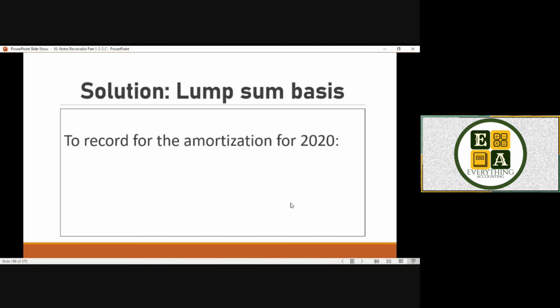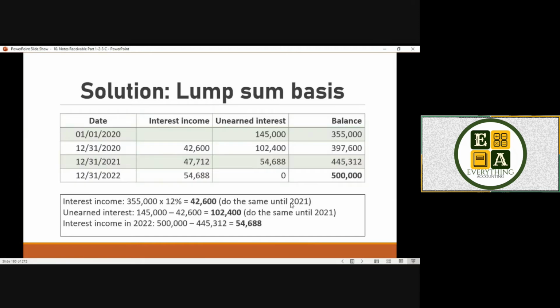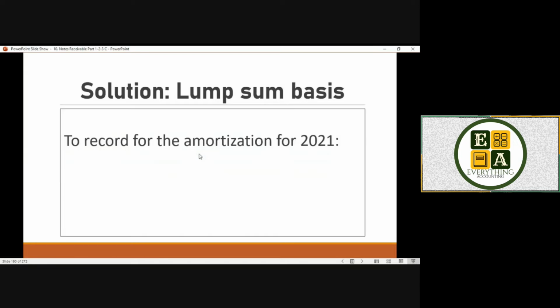Then to record the amortization of 2020 on the basis of the amortization schedule, debit unearned interest income, then credit interest income for 42,600. That is based on the amortization schedule for the information in 2020, interest income for 2020.